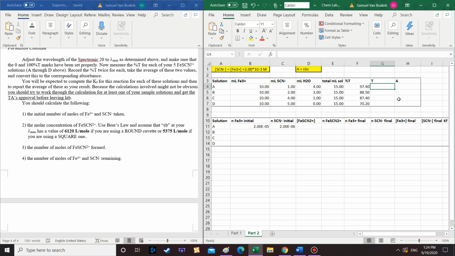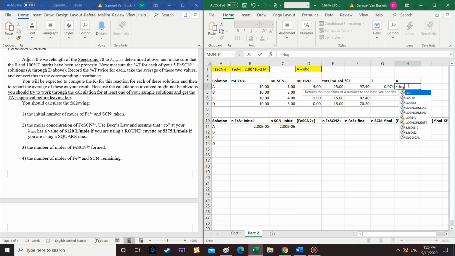So just like we did on the last page, we're going to convert %T to T by dividing by 100. And then absorbance is the negative log of T. And there's your absorbance.